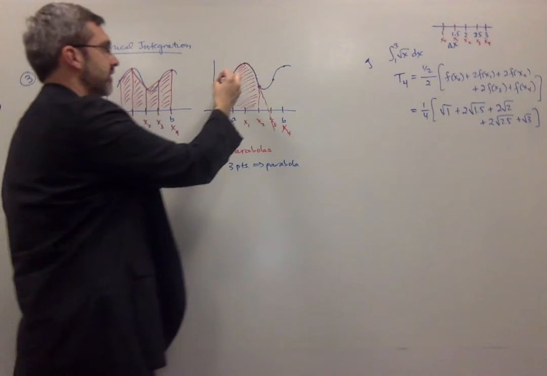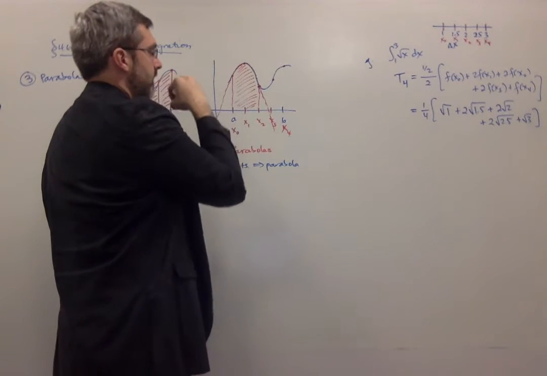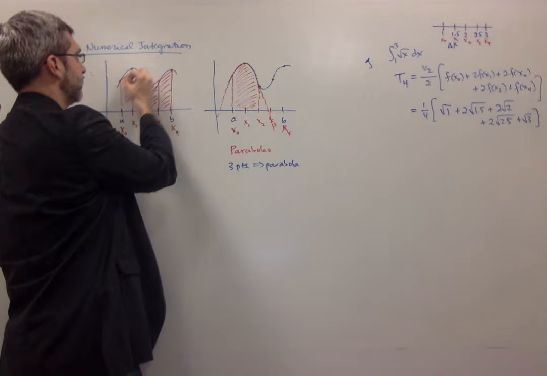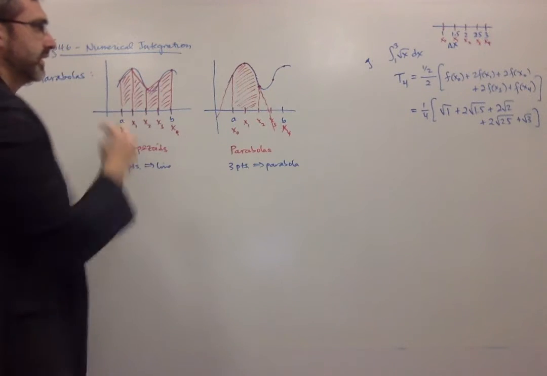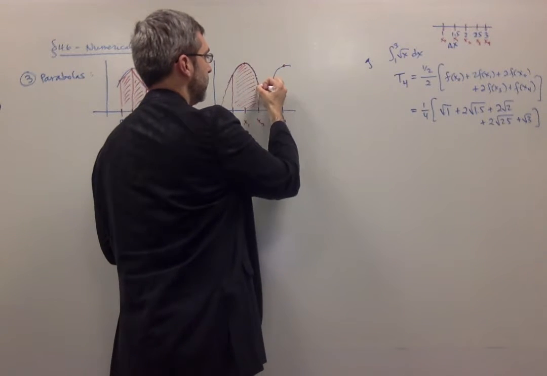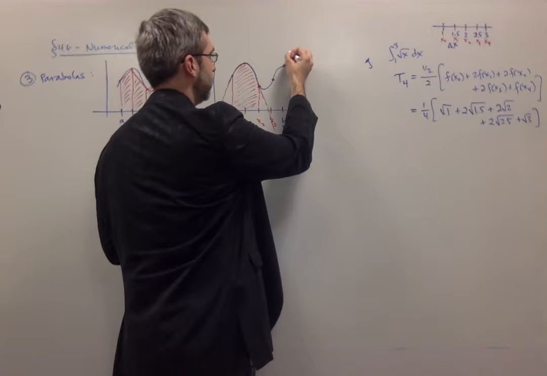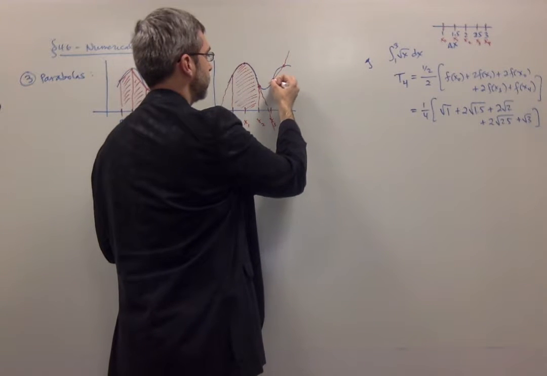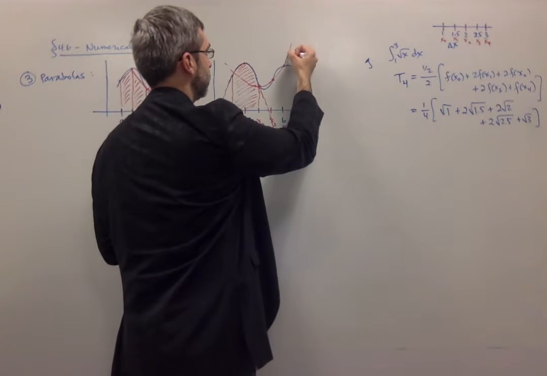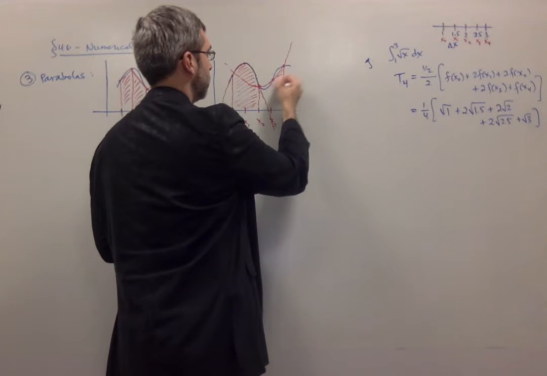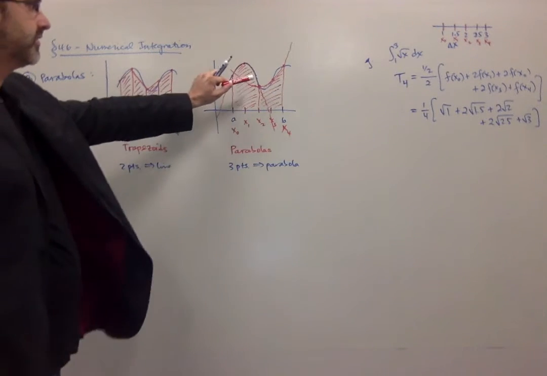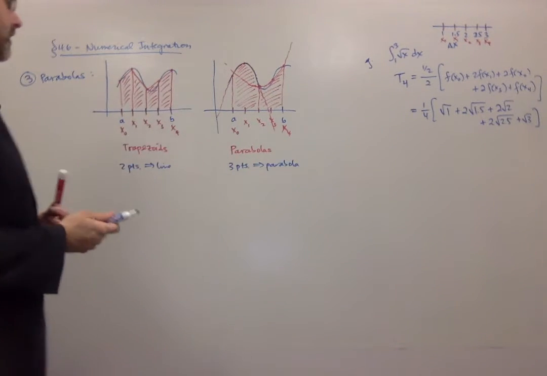If I can find the area under the parabola here, then that's going to give me an even better approximation than what happened when I was trying to find the areas using lines connecting the endpoints. Same thing now if I pick this collection of 3. If I find the parabola that goes through these, and I'm just guessing what that looks like. Okay, it might look something like that. You can probably see that using parabolas is going to give me a better approximation than using trapezoids here.